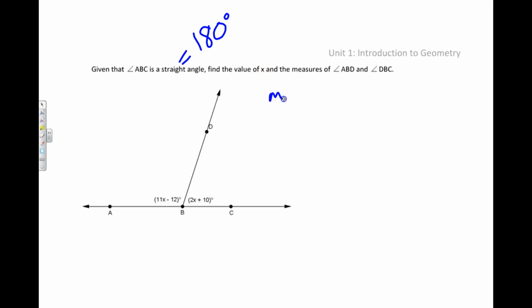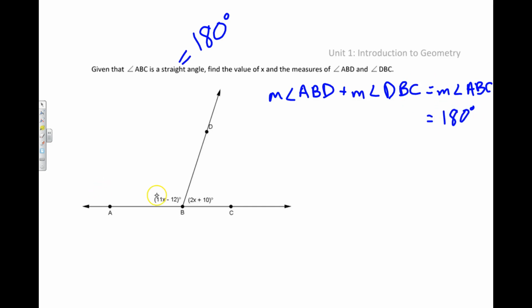So my first part, the measure of angle ABD, plus the second part, the measure of angle DBC, is equal to the whole, the measure of angle ABC. And we did just say this is a straight angle, so this has to add to 180 degrees. Well, ABD is marked as being 11x minus 12, plus DBC is 2x plus 10.